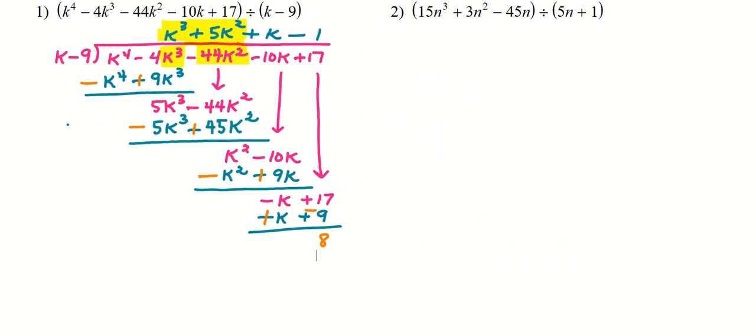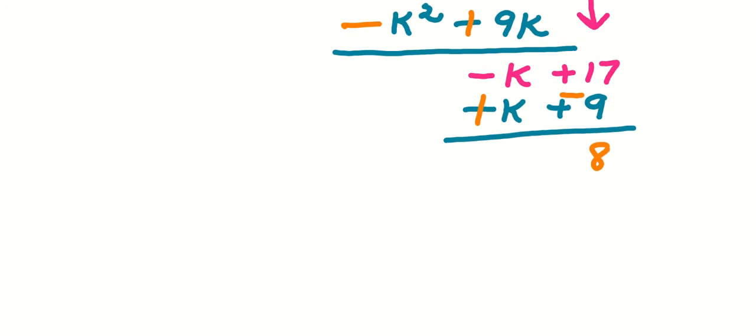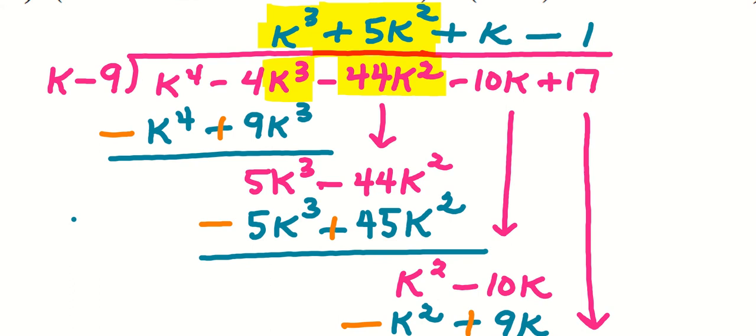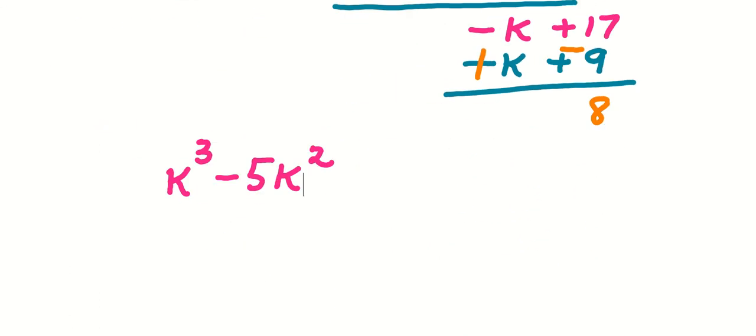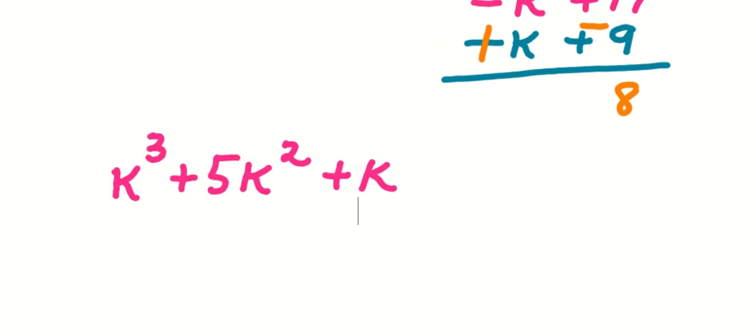So we have exhausted pulling everything down from the inside, but we now have to write our final answer. So we're going to take everything on top, the k cubed plus 5k squared plus k, minus 1.